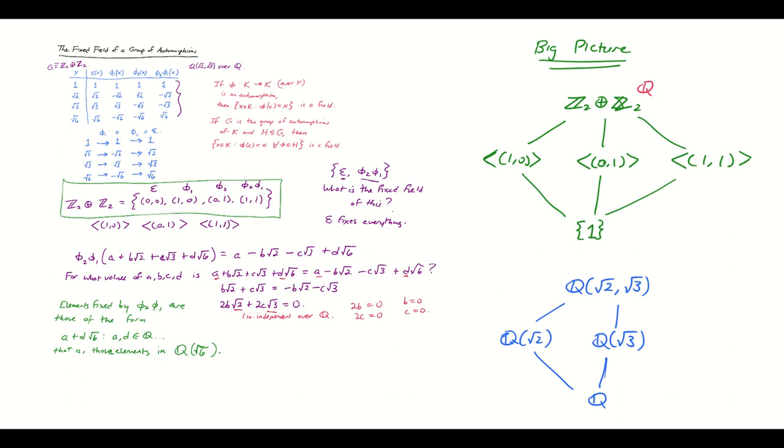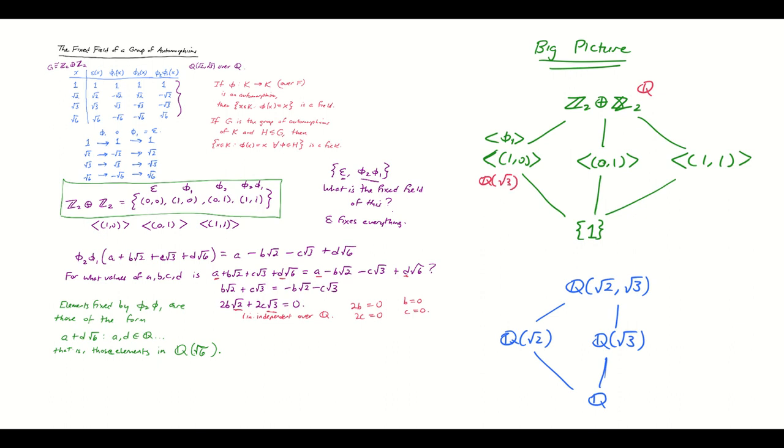Okay, what about the subgroup generated by (1, 0)? That is the subgroup generated by phi1. Well, if we look at our column for phi1 over in this table here on the left, what seems to be getting fixed? The root 3 is fixed, but root 2 and root 6 both move. So it looks like Q adjoin root 3 is the fixed field of that.